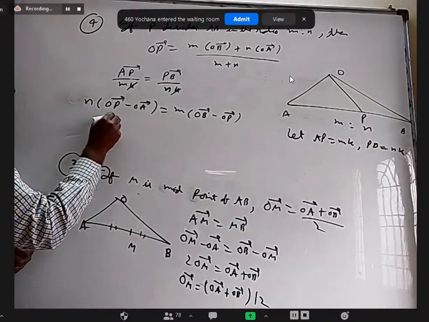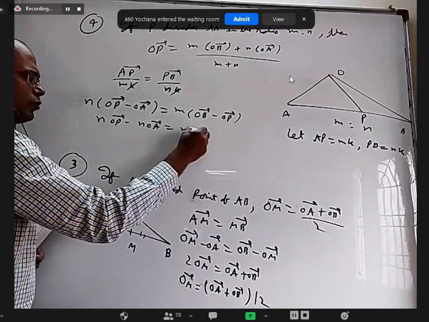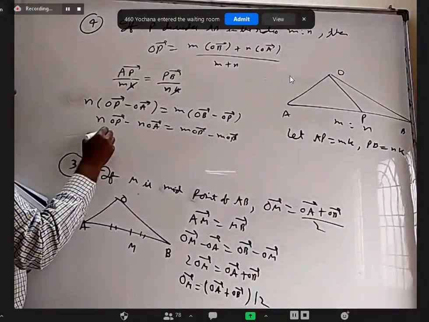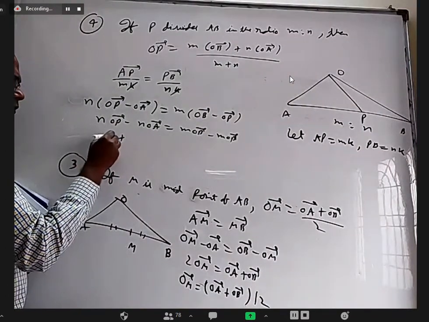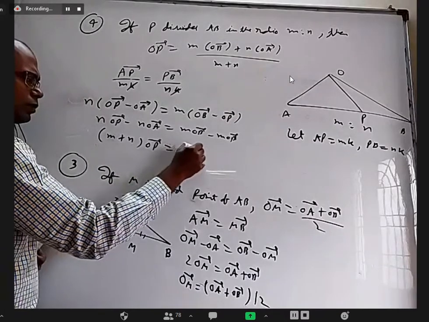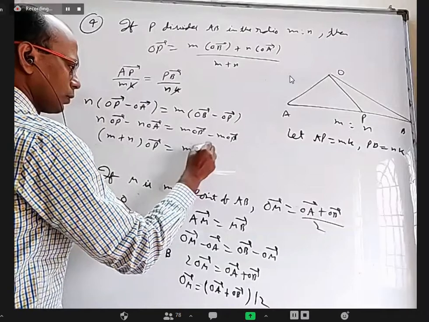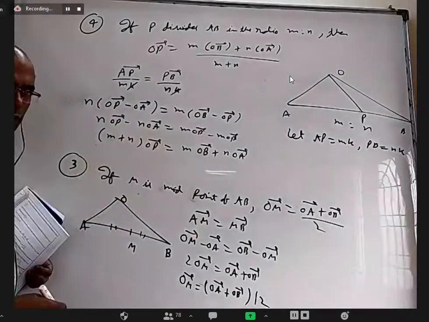N OP bar minus N OA bar equals M OB bar minus M OP bar. If we bring one side, we will get M plus N times OP bar equal to M OB bar plus N OA bar. And now divide, we will get it.